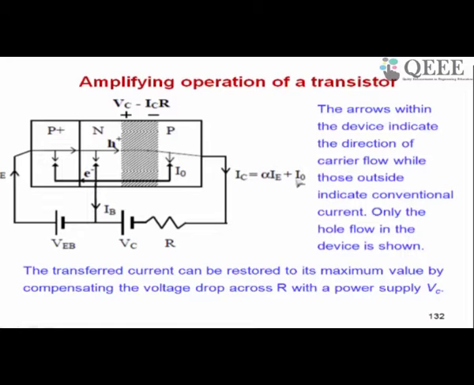Now you are able to tap almost the entire IC with alpha close to 1 across this resistor, right, and therefore you can now get an amplification. Let us see how.